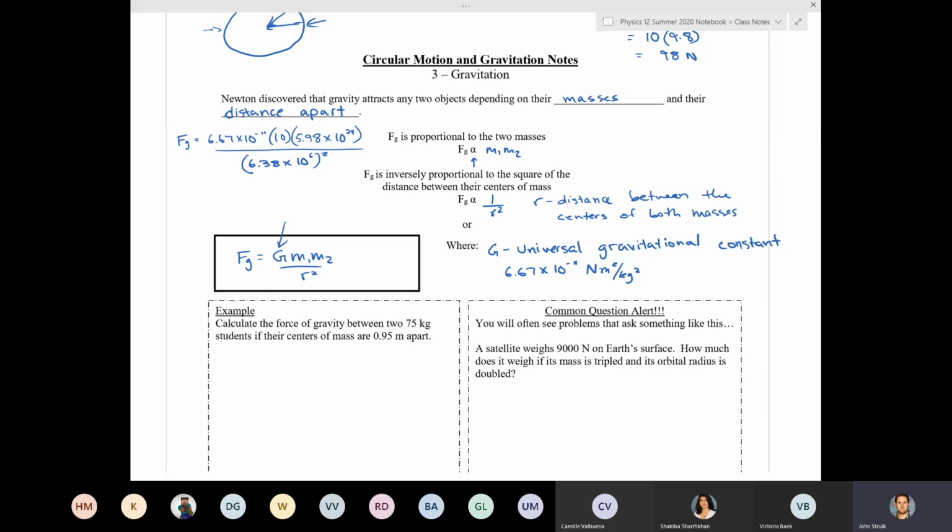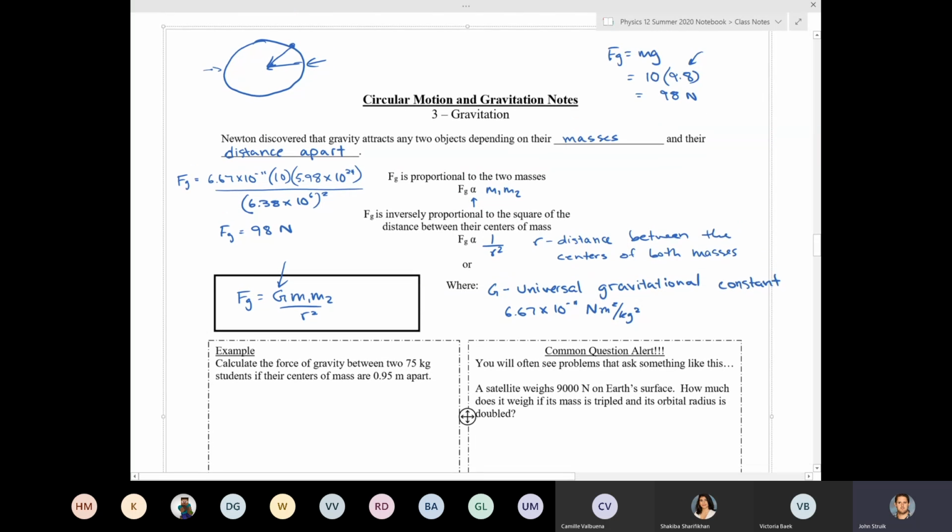So if we do this, 6.67 times 10 to the negative 11 times 10 times 5.98 times 10 to the 24, and then divide that by 6.38 times 10 to the 6 squared, you get 98 newtons. And that's the exact same.